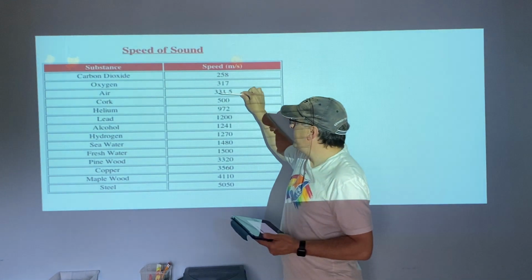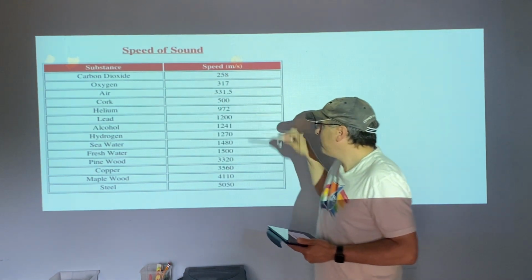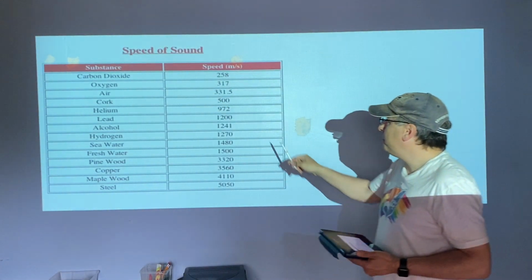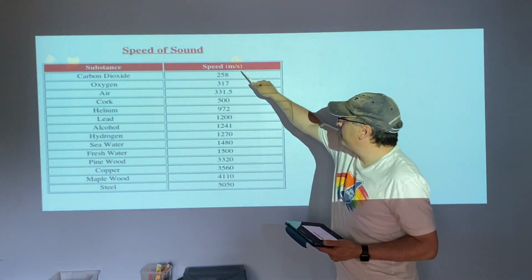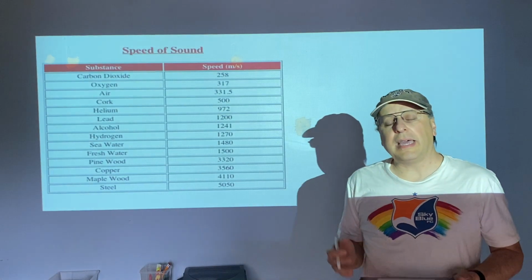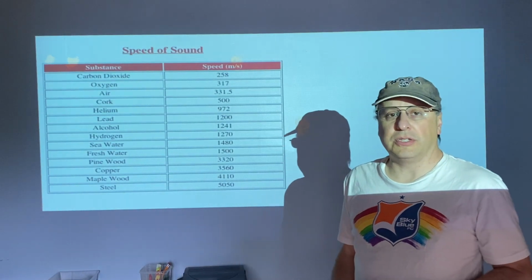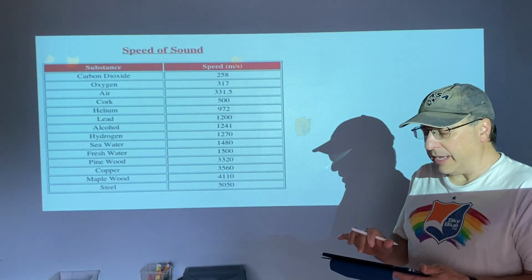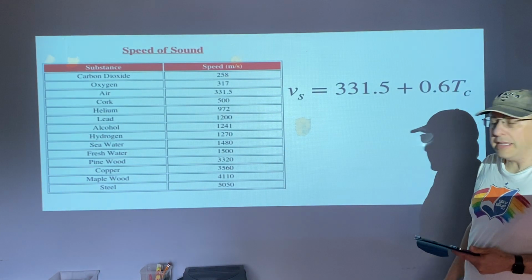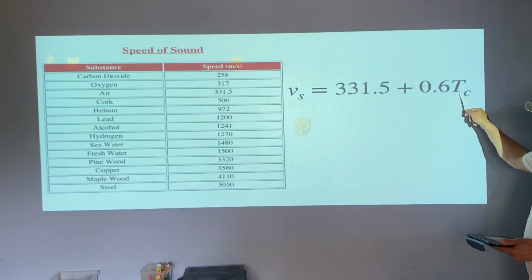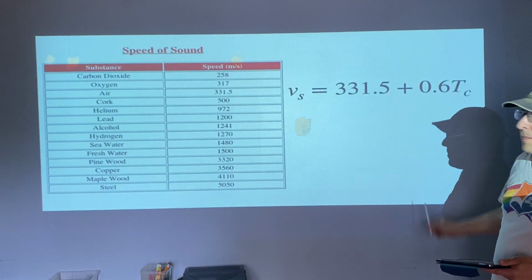The most important gas is probably air, and you'll notice it gives you a speed of sound in air of 331.5 meters per second. Realize that that is only true under certain conditions. All air is not created equal, and there are three main factors that can affect it. The number one factor being the temperature of the air.